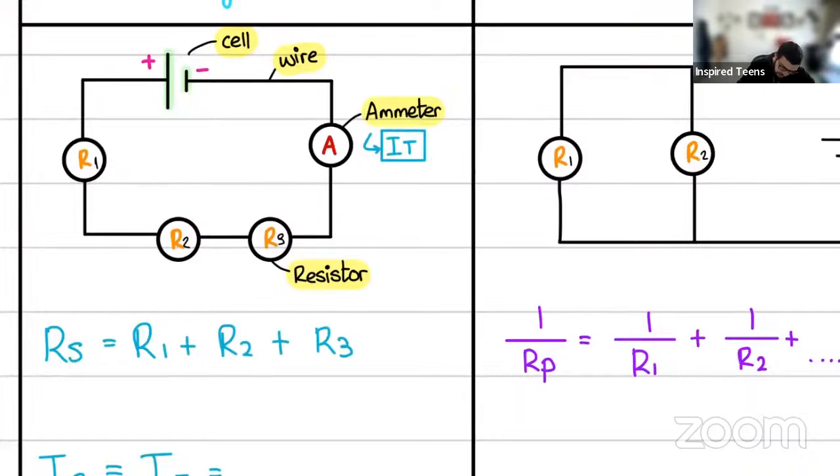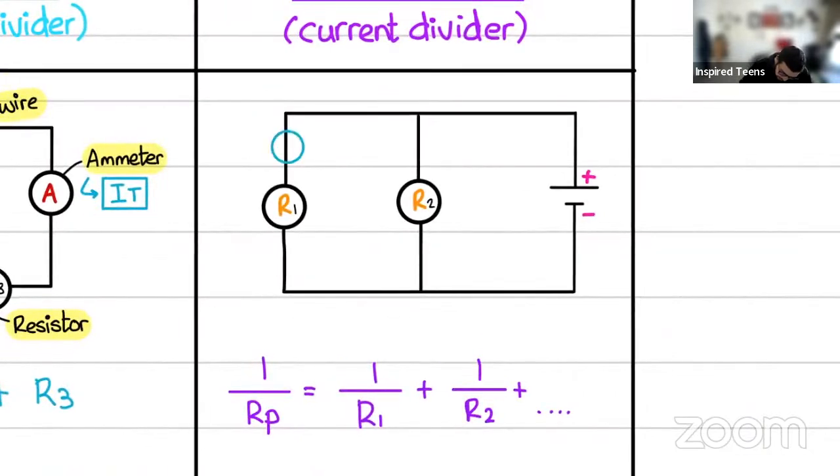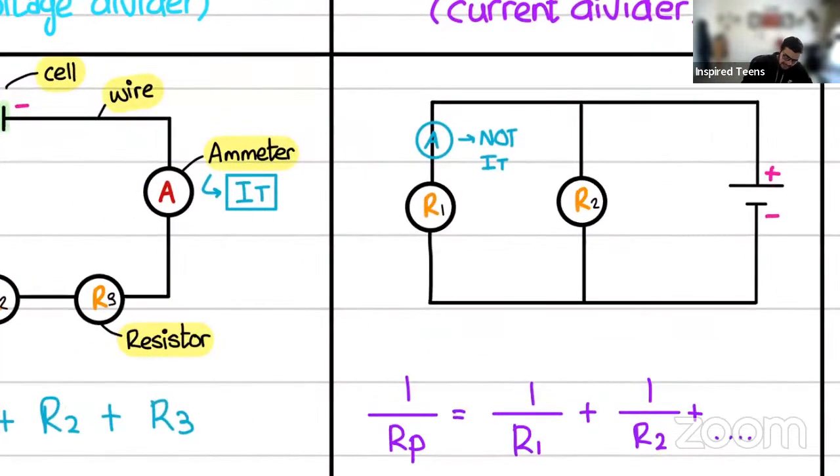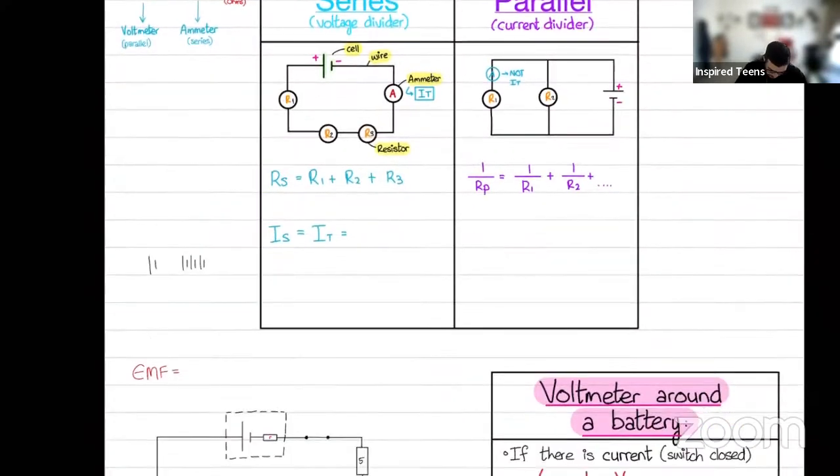This one reads I total because it's connected in series, okay? If I had to put an ammeter here, this would not read I total because it's on a parallel branch. So note the difference. Any ammeter connected to the series part of the circuit would always give you I total, but on a parallel branch, you're not getting I total.